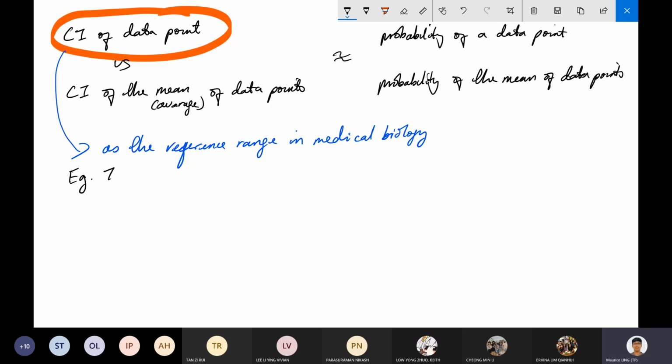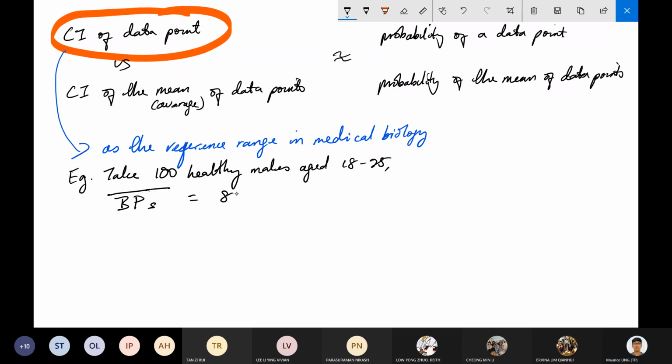If you take, let's say, 100 healthy males aged, let's say, 18 to 25, and you estimate that the average systolic blood pressure is, let's say, 100 millimeters mercury, just to give an example.